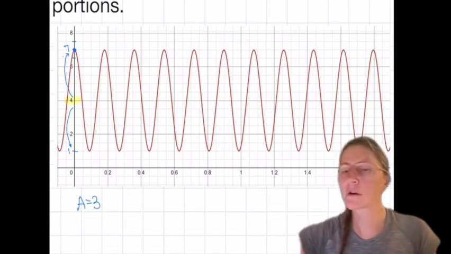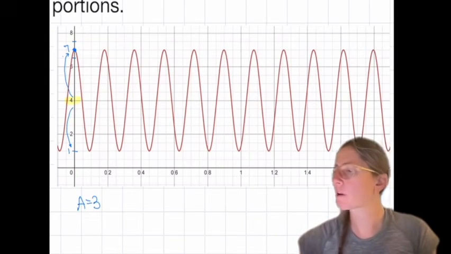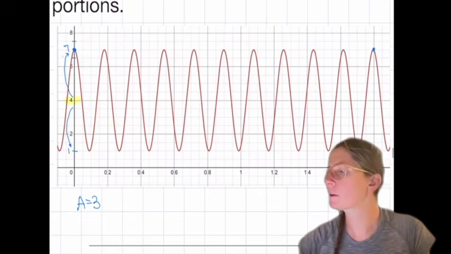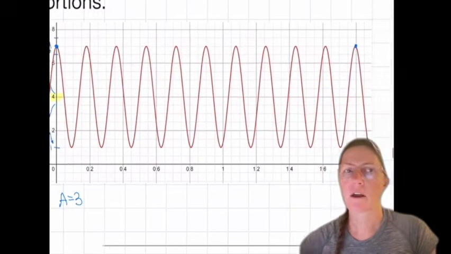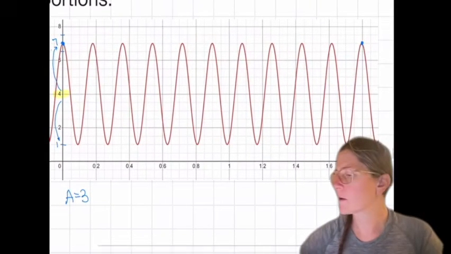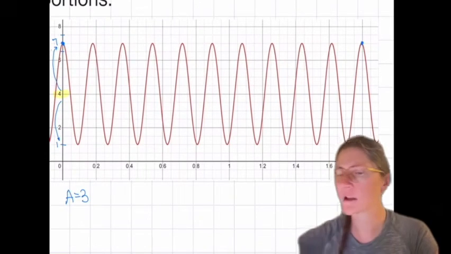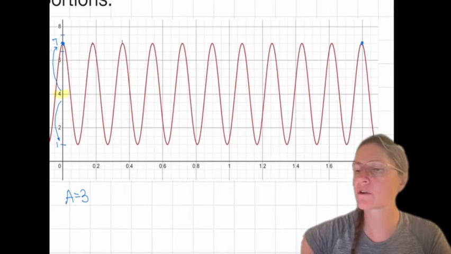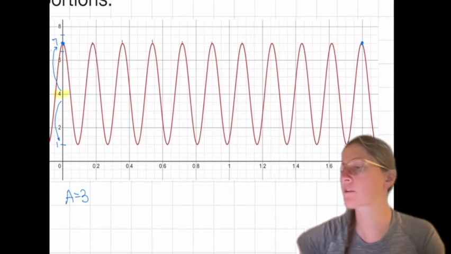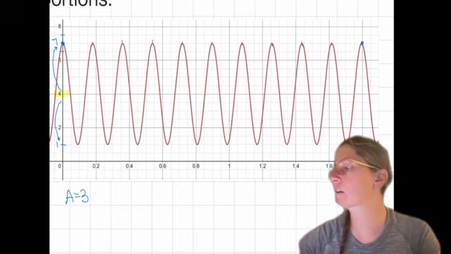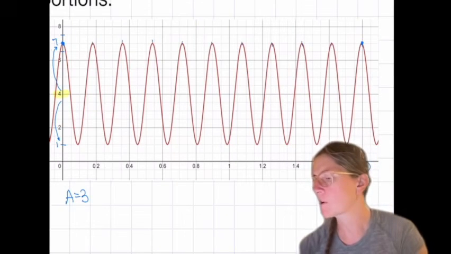And then we are going to also find a place where it looks like it crosses here at 1, at 1.8, and you have 1, 2, 3, 4, 5, 6, 7, 8, 9, 10 cycles there. So 1.8 equals 10T.